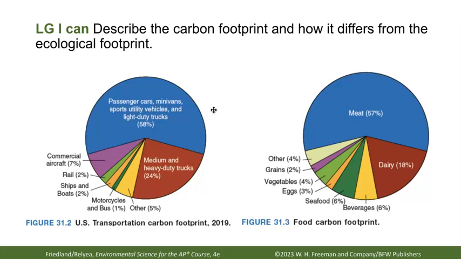And then if you order it, the trucks to deliver it to your house, or if you drive to the store, the car that you drive to the store. All of those things factor into your individual's ecological footprint.